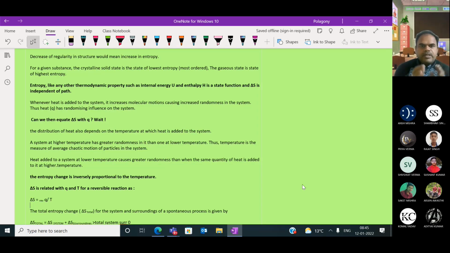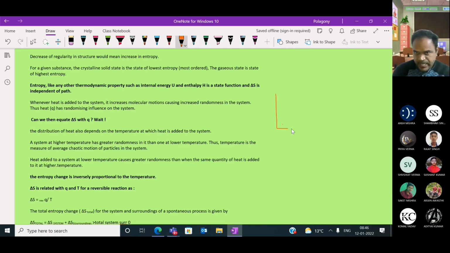That means when heat energy is added to the system, it undergoes randomness because it causes molecular motions. Increasing of the randomness in the system takes place. Now I am giving one example for understanding of this entropy.